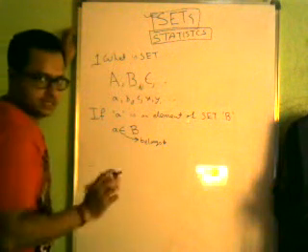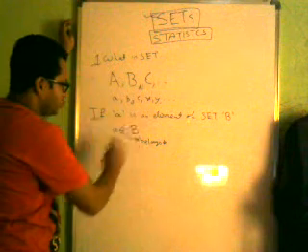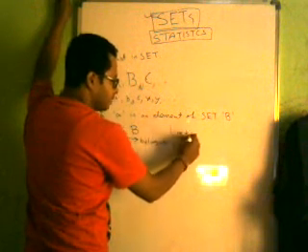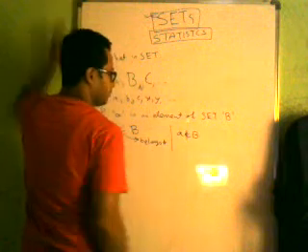And if in any case a is not an element of B, then in this case we write it as a does not belong to B, right?